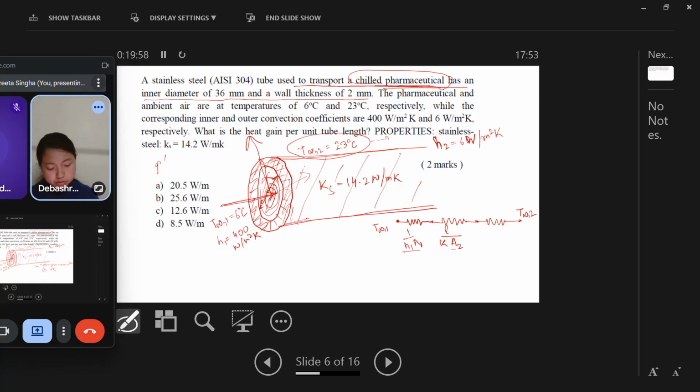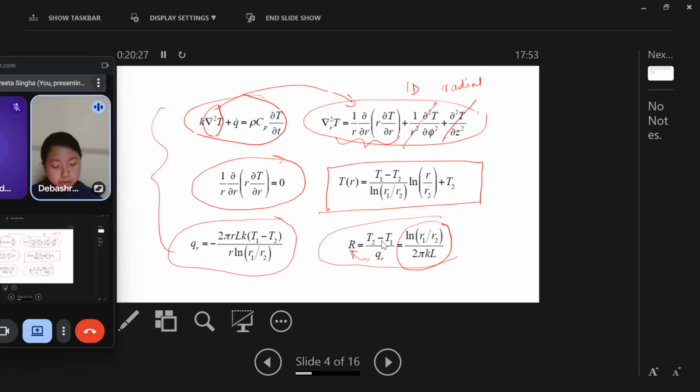Okay, the next one is the conductive resistance. For cylindrical geometry, you get the conductive resistance by this formula: ln(r2/r1) divided by 2 pi kL. Okay, ln r by r divided by 2 pi kL.